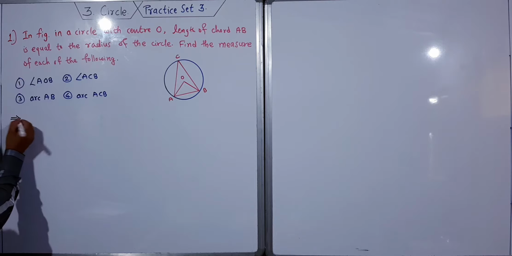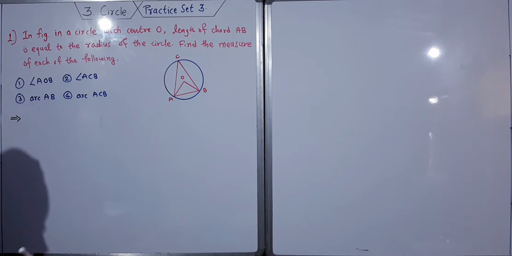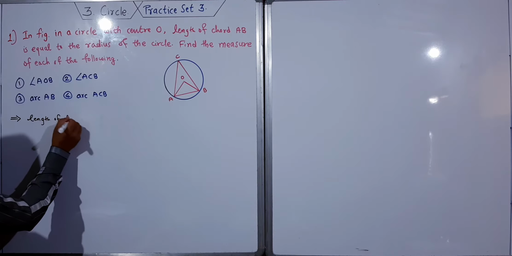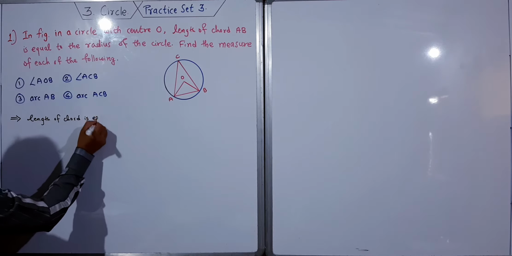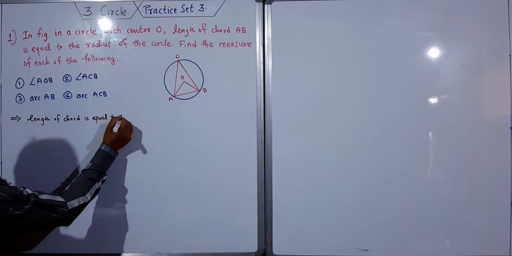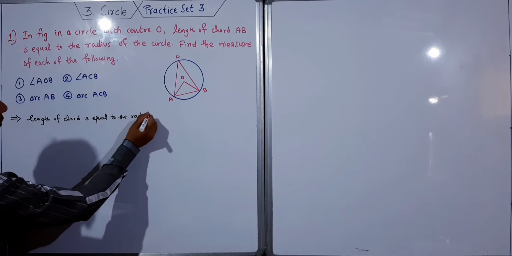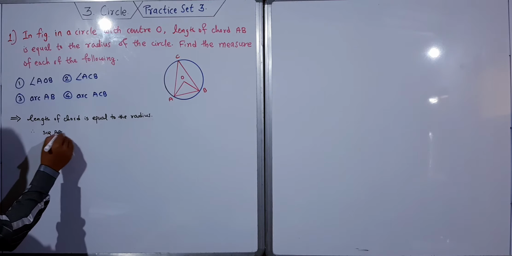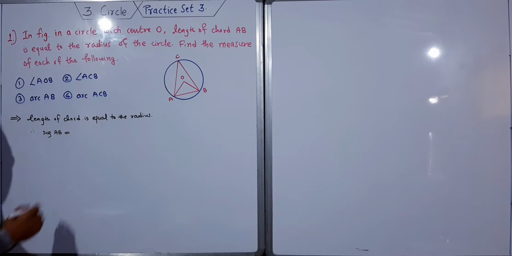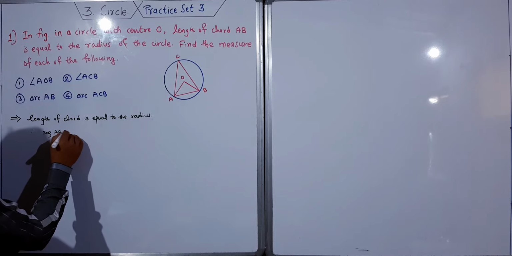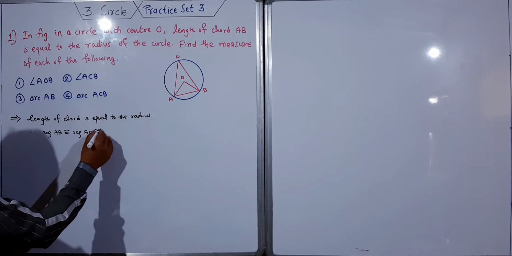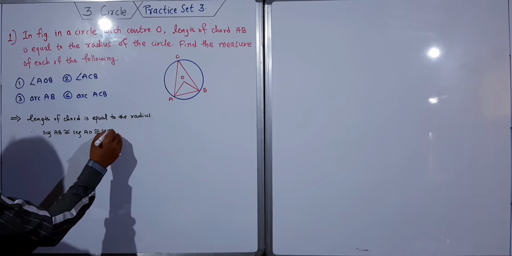So first we'll write what is given here. Length of chord is equal to the radius. Therefore seg AB is congruent to seg AO, congruent to seg OB.